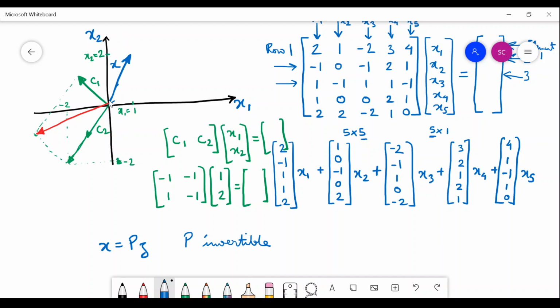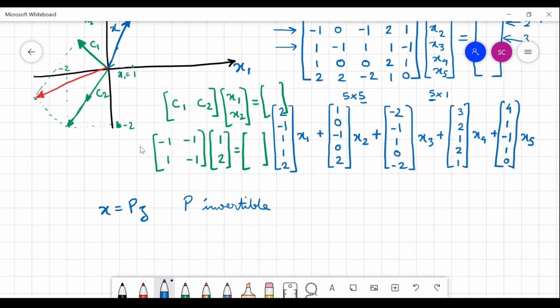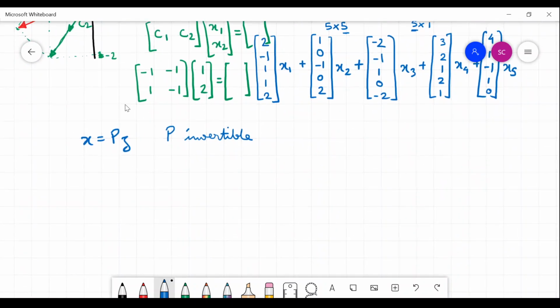This x2 is also a vector in the x state space. So we can take this vector x1 and apply the transformation in order to see what my z1 would be, because this x1 would basically give me the z1, and x2 would give me the z2. So let us see what they would be for this particular example.